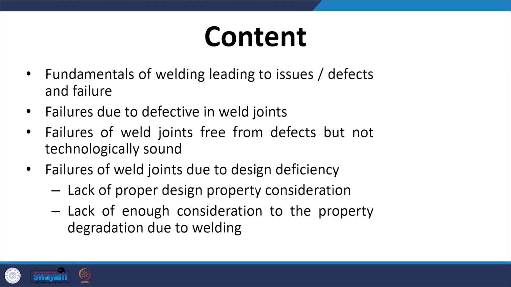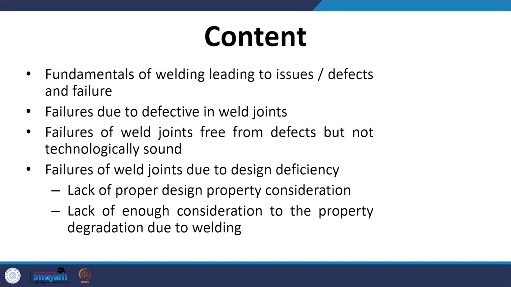In this presentation, initially we will be talking about the fundamentals of welding, leading to the different kinds of defects which eventually cause failure. So, failures occur due to defects in the weld joints, and failure of weld joints also occurs when there is no defect. That is what we call a weld joint that is not technologically sound.